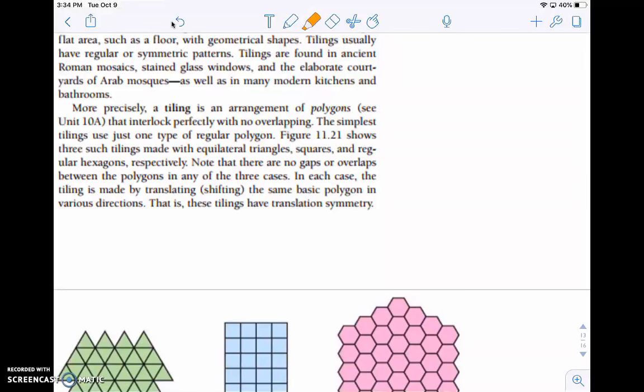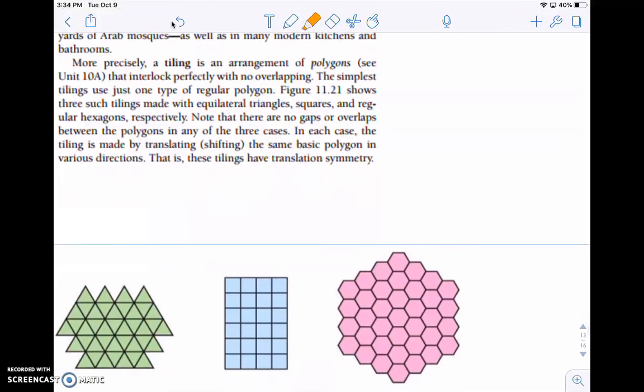Basically what you're doing when you're creating a tiling or tessellation, you're just covering up a surface. So a tiling is an arrangement of polygons that interlock perfectly without any overlap. The simplest tilings use just one type of regular polygon. As you can see below, I've got triangles, squares, and hexagons.